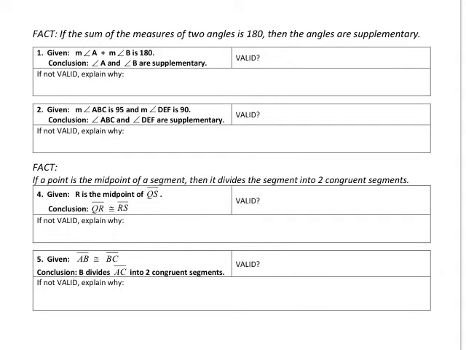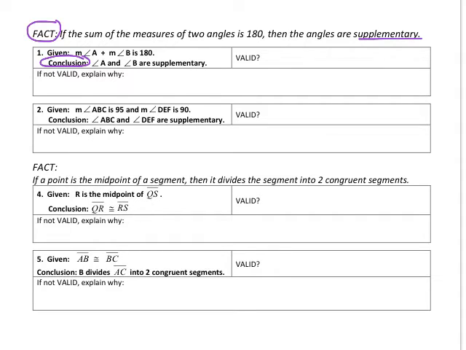The last thing I'd like to do is take a look at a couple of situations where we have to use deductive reasoning because we have a fact or we have a definition of some sort and we need to make a determination if the conclusion that is given to us is valid or not valid based on the facts that we know. So the first fact says if the sum of the measures of two angles is 180, then the angles are supplementary.